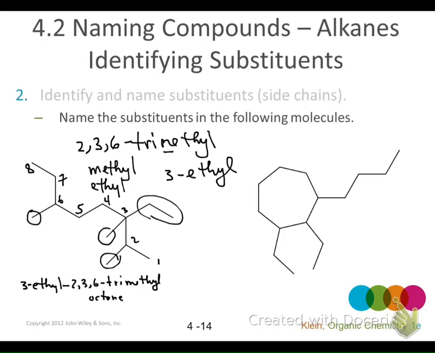Alphabetically, whichever one is the lowest gets the preference. That is, it gets the number 1 position in terms of its priority of where it goes. So, in other words, this is a butyl. These are ethyls.